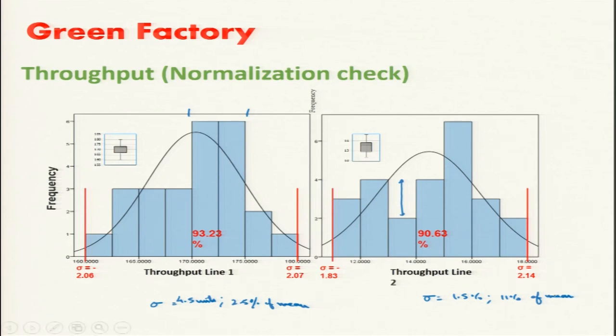So, this is the normalization check for the throughput in the green factory.